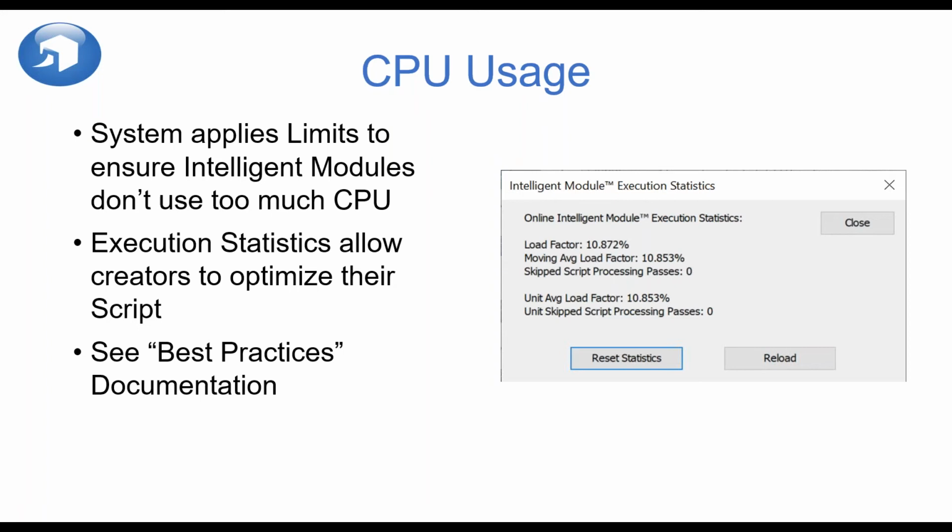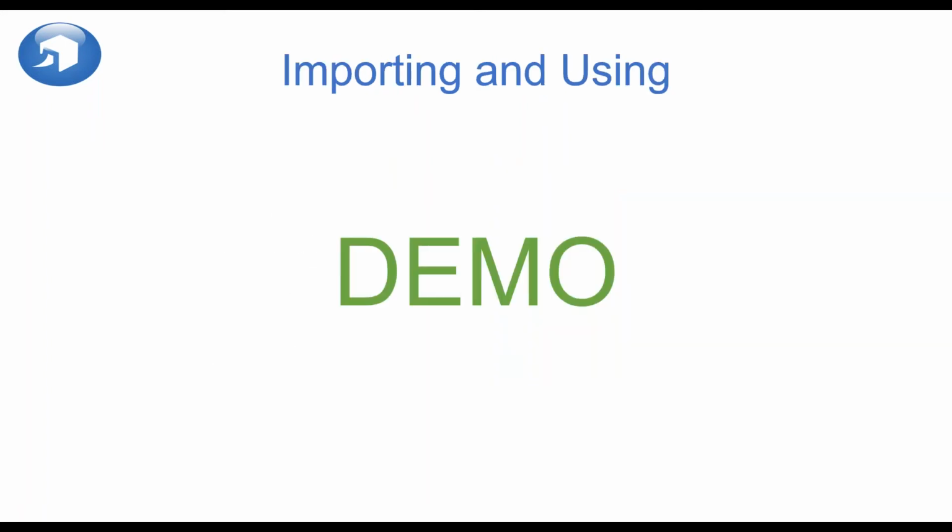And we have a function called execution statistics that allows you to see and monitor that processing. So it's not something that most users will ever have to think about, and most creators usually won't have to think about it. But if you're working on a really intensive intelligent module with a really, really detailed and complicated script, it's something you might have to look into. And we have some best practices documentation to help you with that. All right, that's the background.